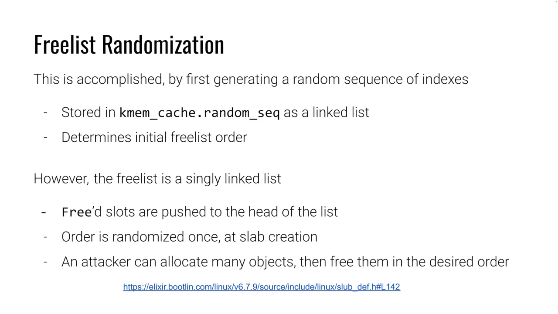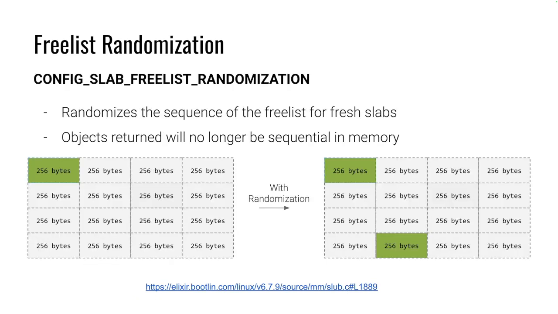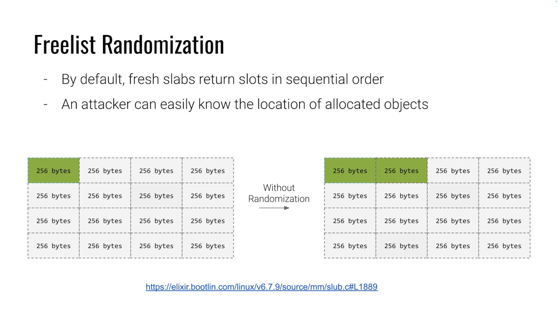Now, this still presents a challenge to the attacker, because the attacker may be able to allocate all of these objects, but the attacker doesn't know by default how these objects relate to each other. And so this creates an additional challenge for the attacker, because the attacker must use some other type of vulnerability to figure out how these kernel objects relate to each other.